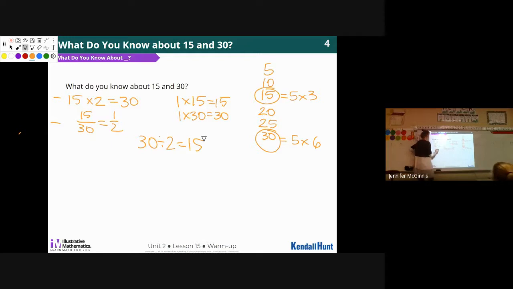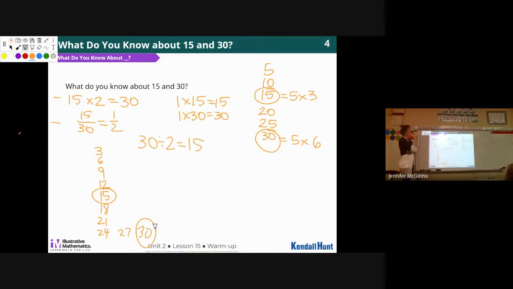Prove it. 3, 6, 9, 12, 15, 18, 21, 24, 27, I'm running out of room. 30. We have a 15 and a 30, both in the multiples list of 3.